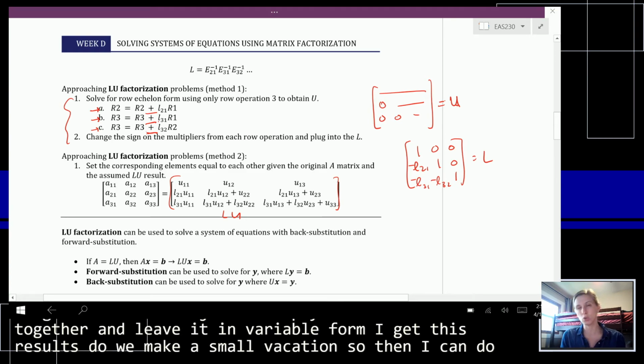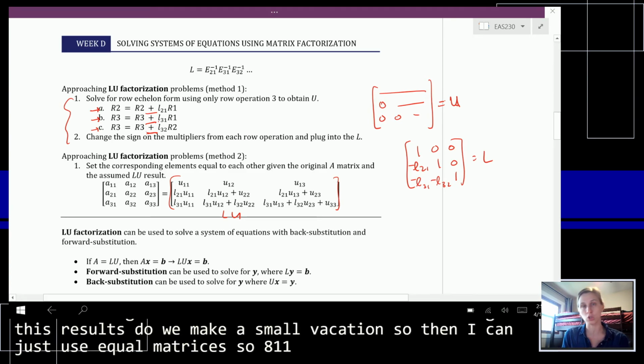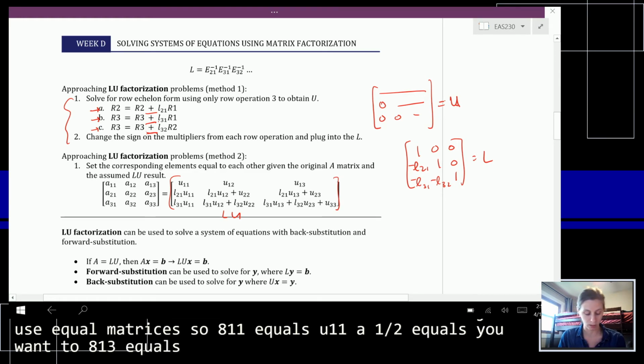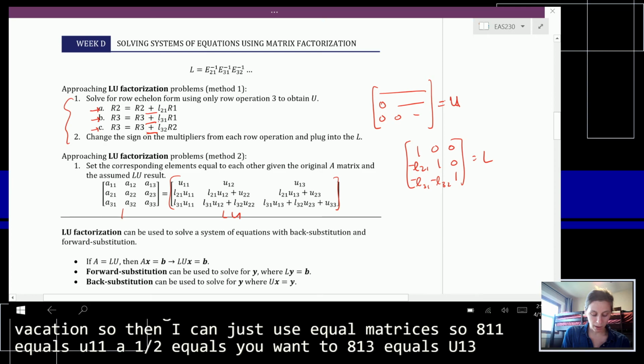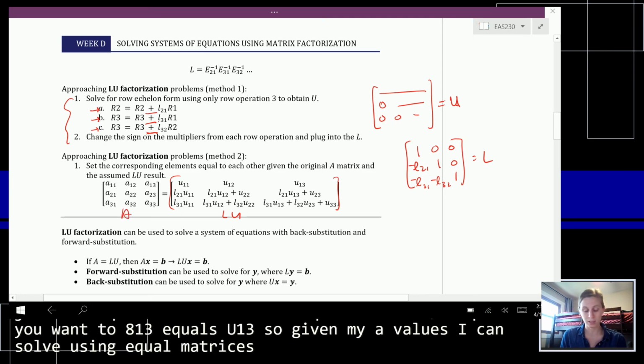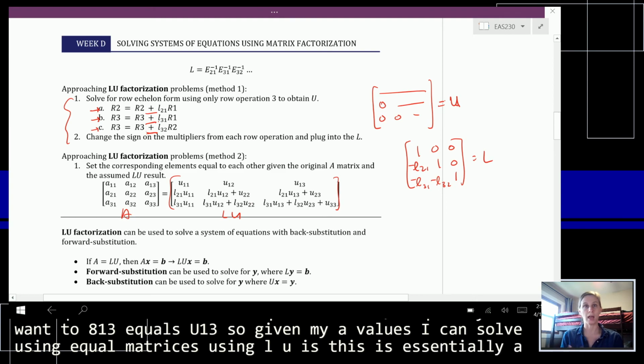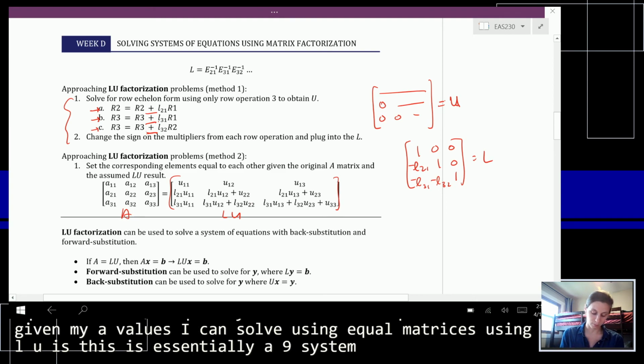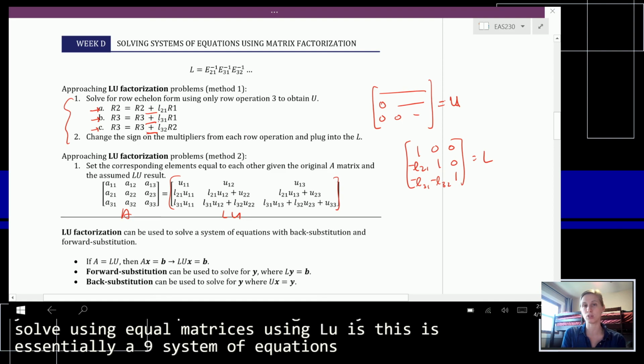Then I can just use equal matrices: A11 equals U11, A12 equals U12, A13 equals U13. So given my A values, I can solve using equal matrices using LU. This is essentially a 9 system of equations, but we'll look at examples of both of these methods.